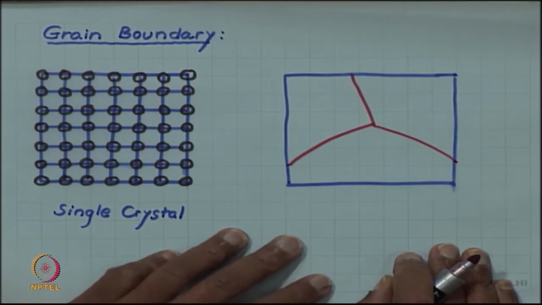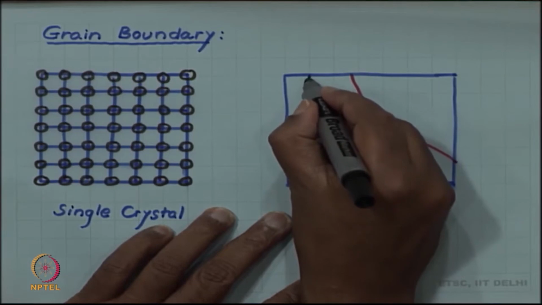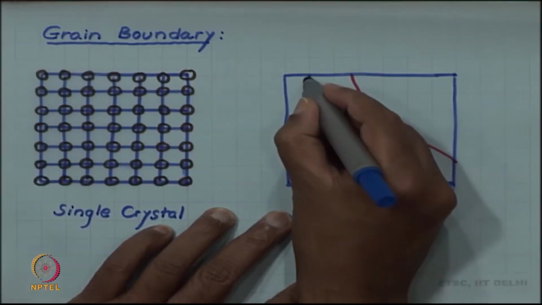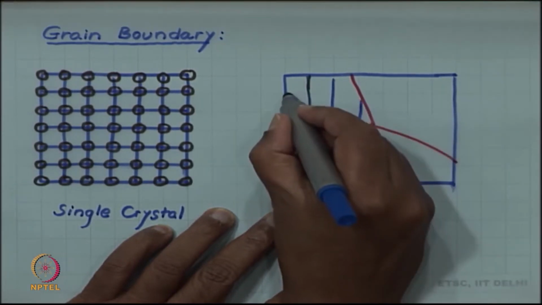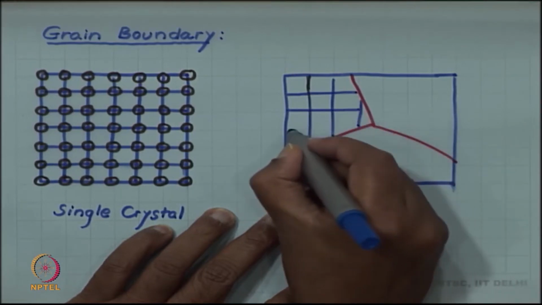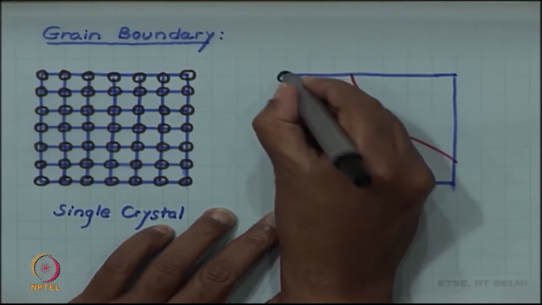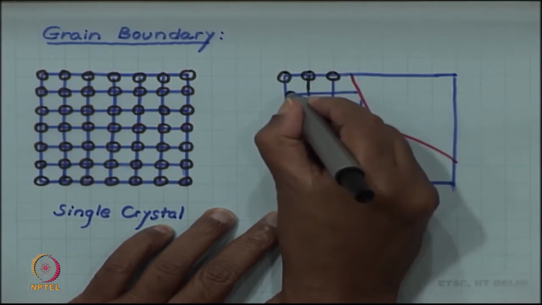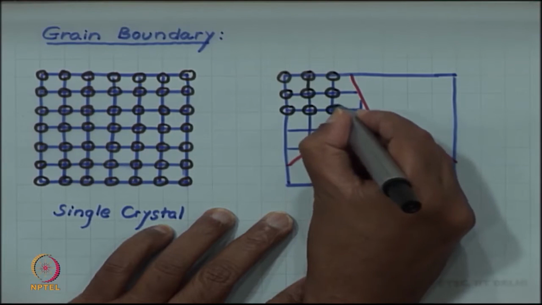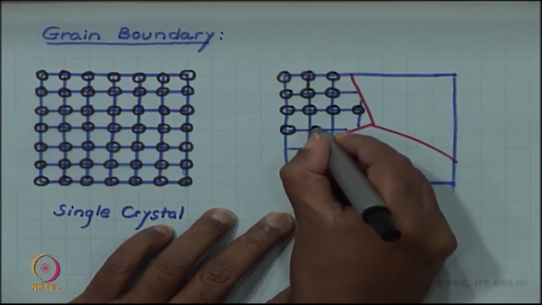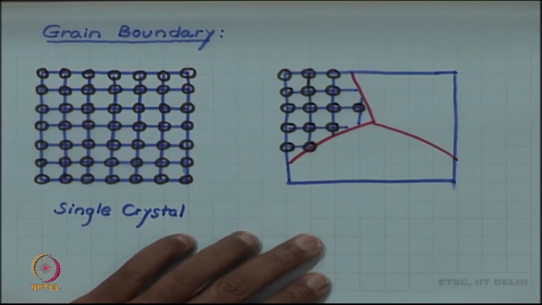Let me divide it into regions like this, and then in one of the regions I draw my crystal in a given orientation. But I am not extending that orientation throughout the sample. You can see I have ended this particular orientation on the red lines which I have drawn. So, I am not extending this particular orientation beyond the red lines.